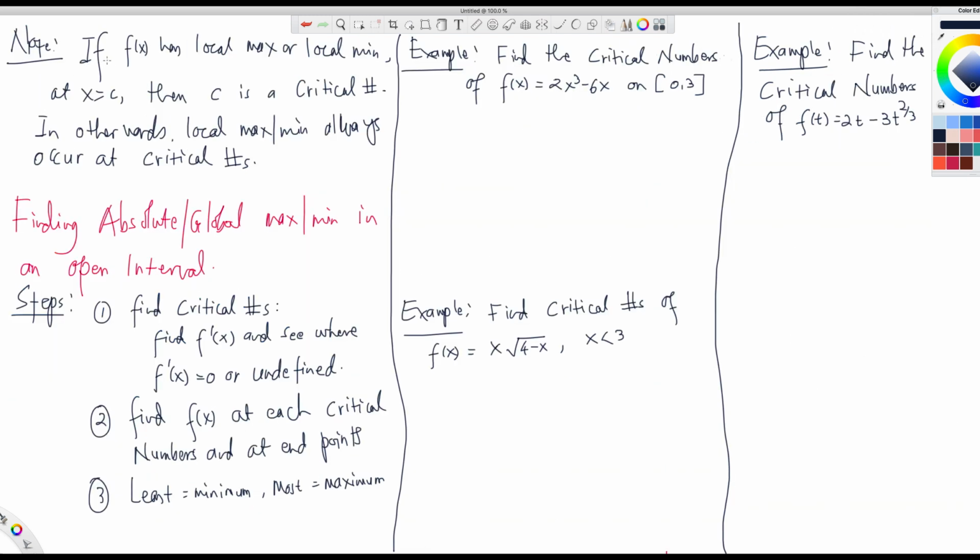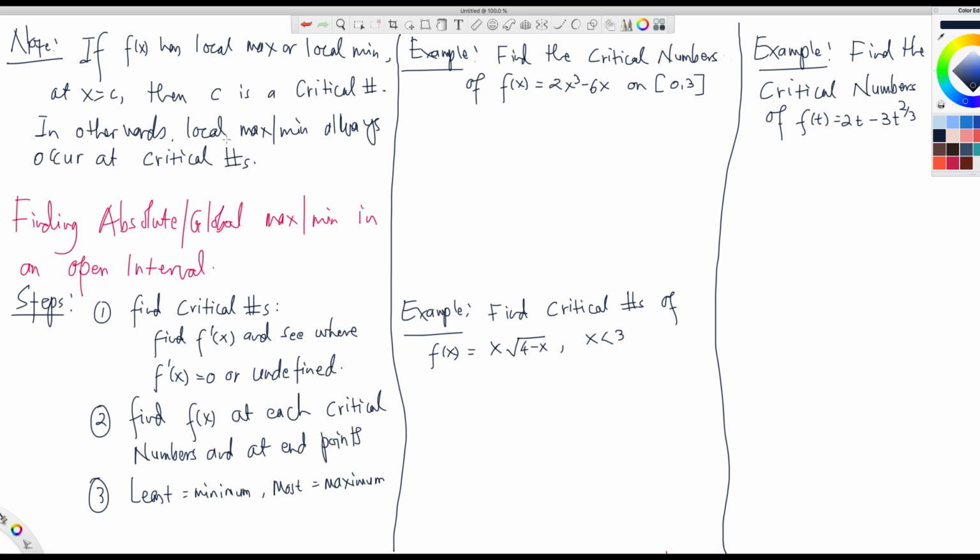So if f(x) has a local max or local min at x equals c, then c must be a critical point, okay? Because the local max or local min can exist at a point where the derivative is 0 or the derivative is not defined, okay? So meaning that if there is a local max or local min at x equals c, then c is a critical point or a critical number.